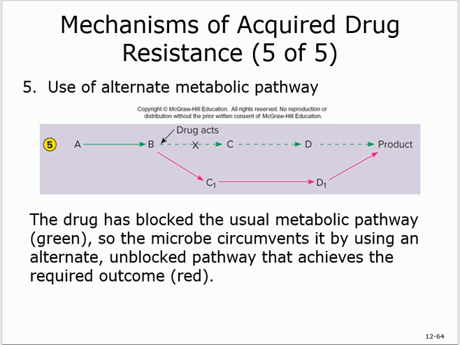Using an alternative pathway, this is another way to acquire drug resistance, right? So here is the pathway. And when we say metabolic pathway, it means reaction after reaction after reaction, okay? So we have component A that will become B, C, D, E. This is the way to produce, let's say, folic acid, okay?